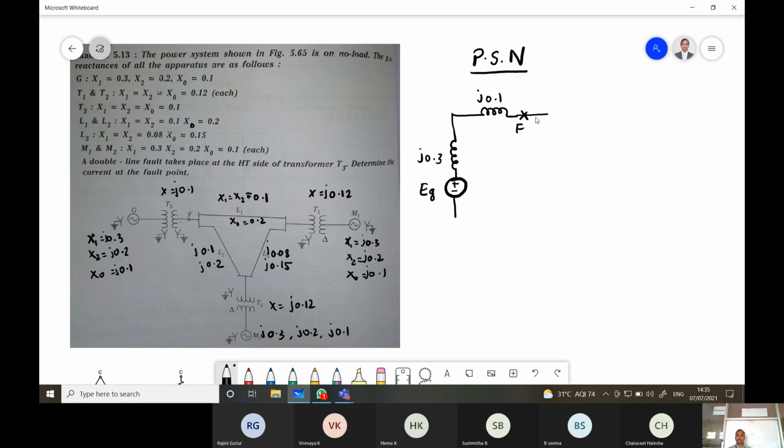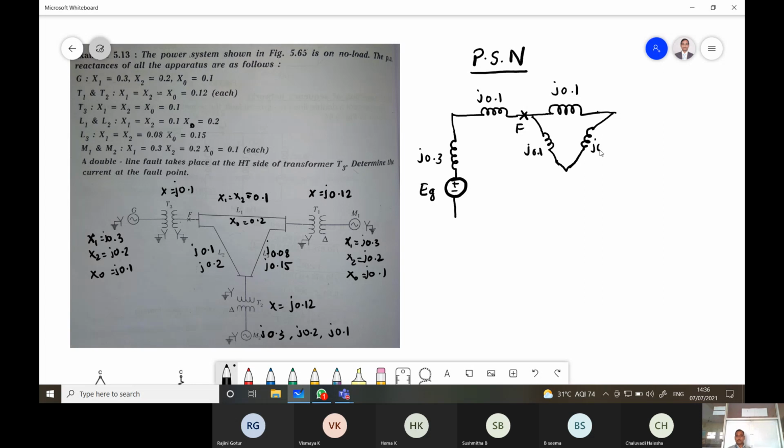This is the fault. Transmission line 1, so that is also j0.1. And transmission line 2 and transmission line 3, both are like this. This is j0.1.